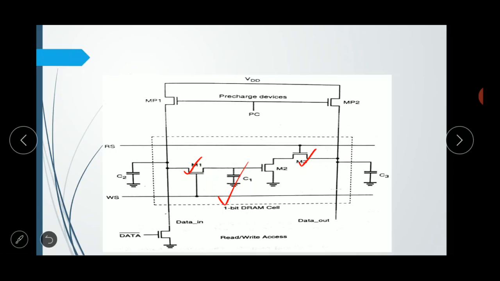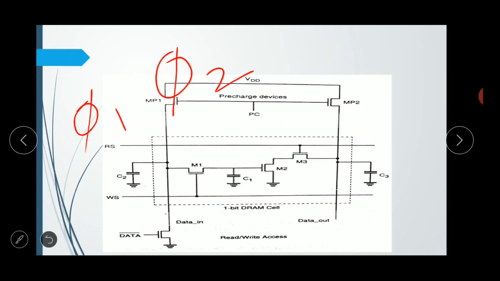Then the operation of 3 transistor DRAM cell is based on 2 phase non-overlapping clock scheme. Means here the operation is done in 2 phases, that is denoted as phi 1 and phi 2.